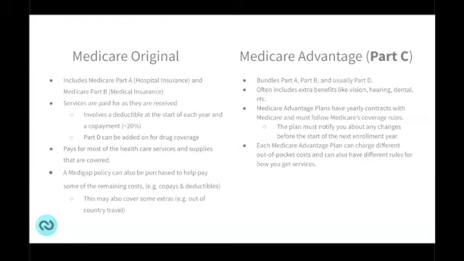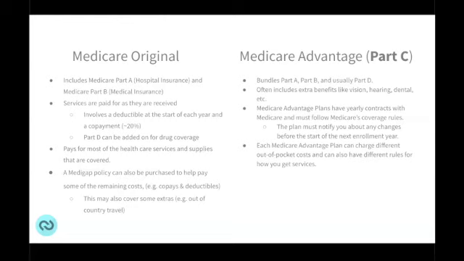So it also includes extra benefits like vision, hearing, dental, things that aren't captured on Medicare typically. And there are yearly contracts that insurance providers would have with Medicare. So they must follow Medicare's coverage rules, but they can be administered by general insurance companies.